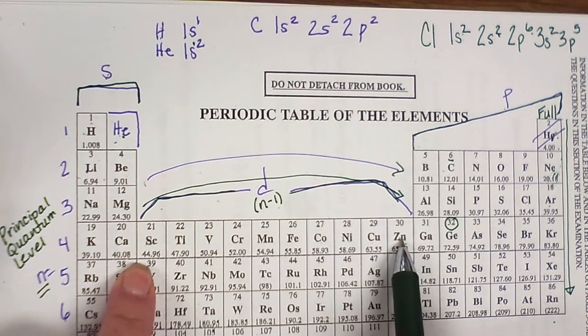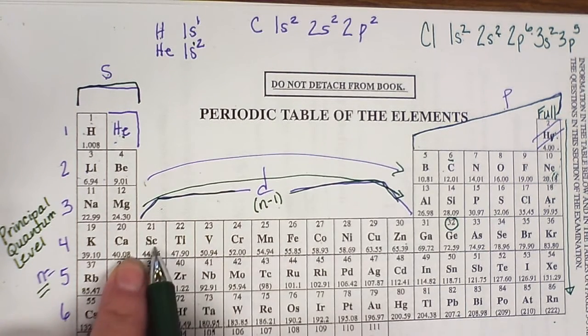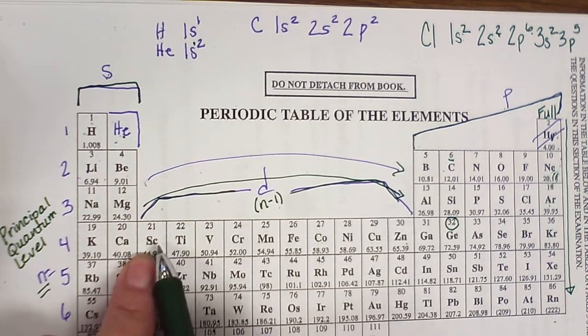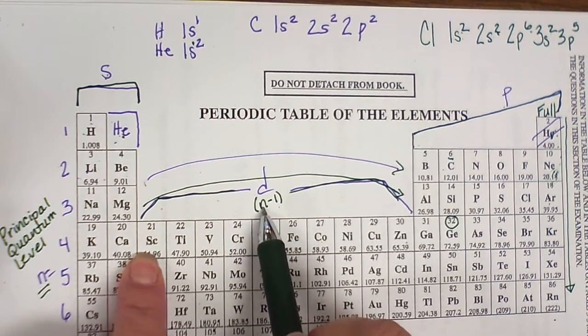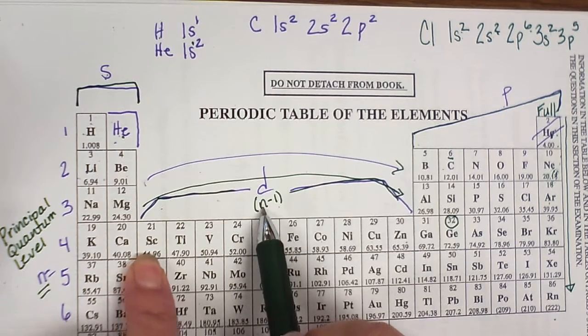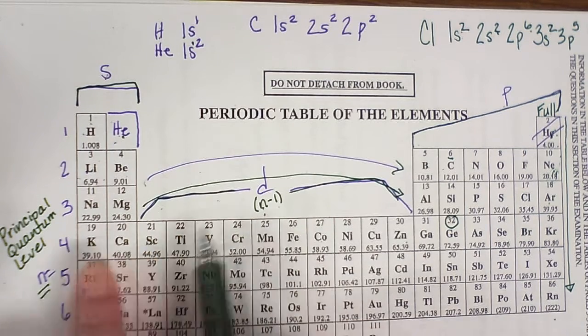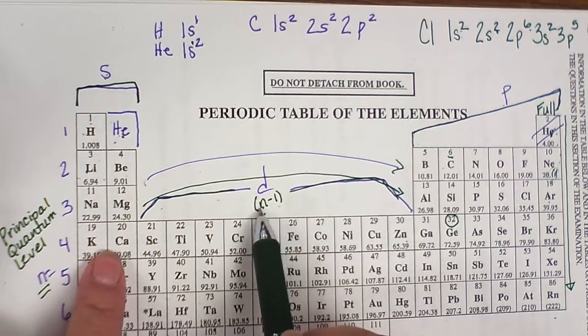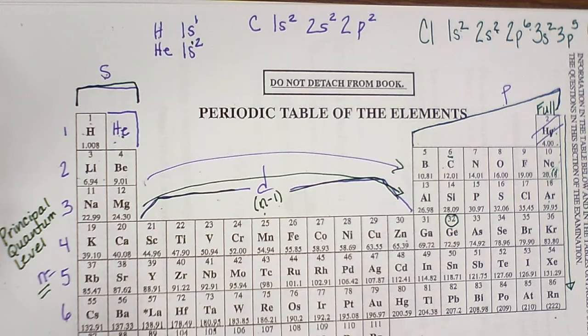Because there's 10 electrons. But the D is not 4D because the N is N minus 1. So it's not 4D, it's what? 3D, N minus 1. You see that? I'm going to explain why after we do it. But it's 4s2 and then N minus 1 D. All right?